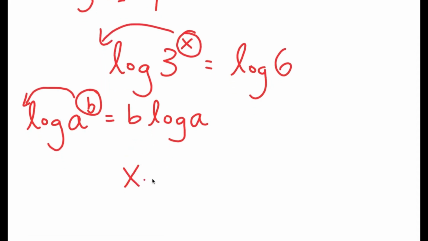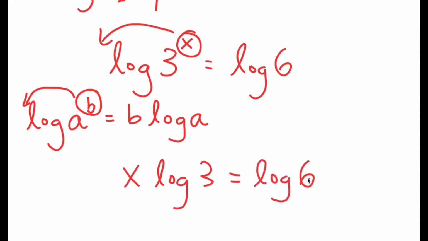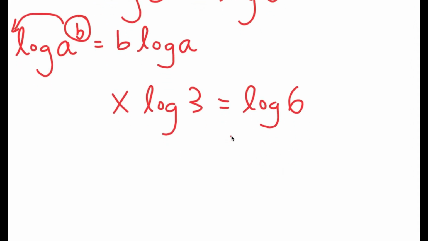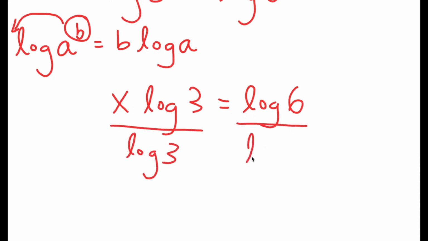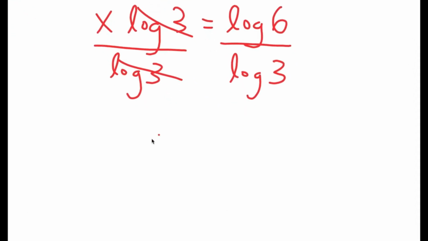So I get x times log 3 is equal to log 6. Now I'm going to divide both sides by log 3, because again, we want to isolate x. So by doing this, these two cancel out, and I get x is equal to log 6 over log 3.